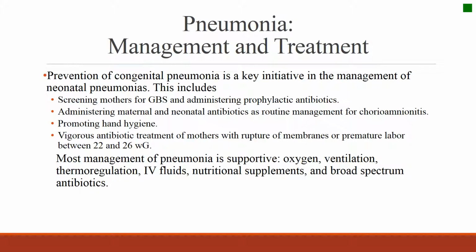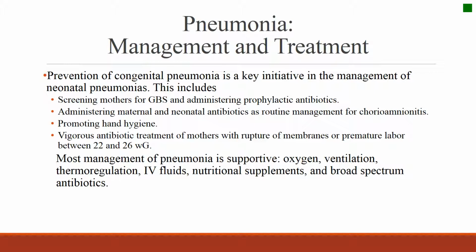Management and treatment, again, very similar to what we do with adults. Right away, you want to screen the mother for the GBS and administer prophylactic antibiotics if possible. You want to administer maternal and neonatal antibiotics as a routine management if chorioamnionitis has been identified.